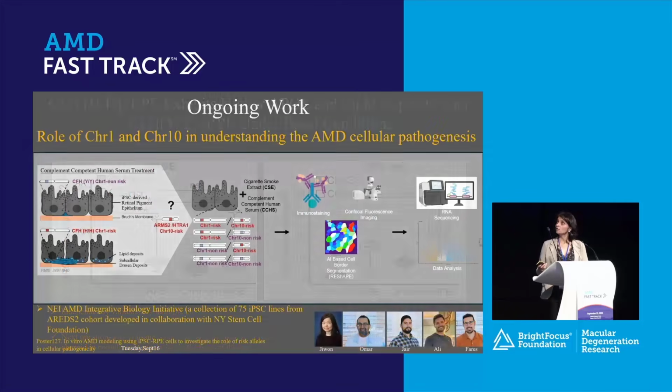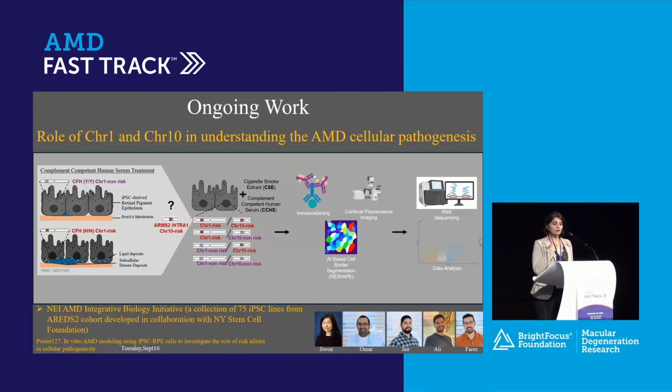Okay, so where are we going next with this understanding of genotype in AMD pathogenesis? Recently, NEI started the AMD Integrative Biology Initiative. It's a collection of 75 iPSC lines from the AREDS cohort, and these patients are carrying mutation SNPs in chromosome 1 or chromosome 10, and NEI made these iPSC lines in collaboration with the NIH CARE Foundation.